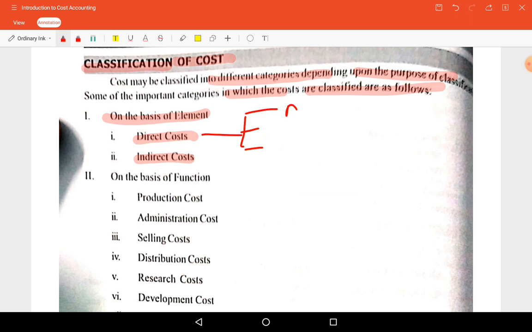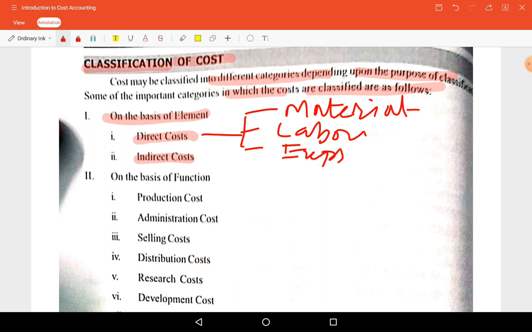Material, this also we have discussed earlier, labor and expenses. And this material, labor, expenses are again further divided into direct and indirect cost.